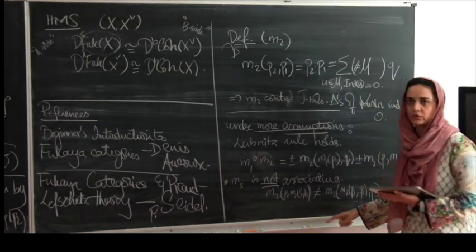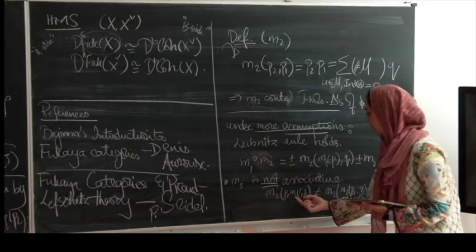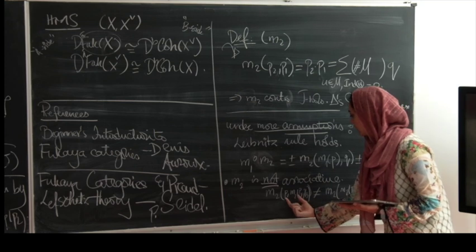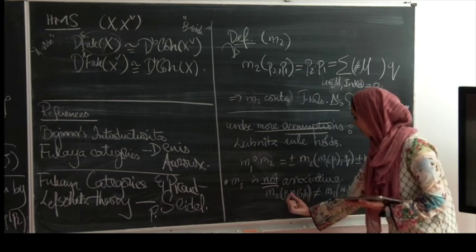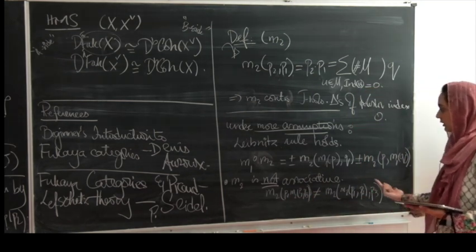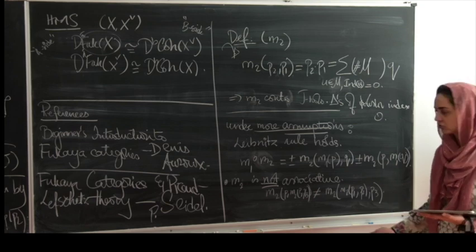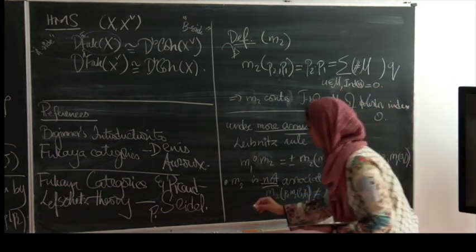Okay, that's what associativity means. So if you have three inputs and you take a product of two of them in different order, the answer does not necessarily have to match. So this is not associative.